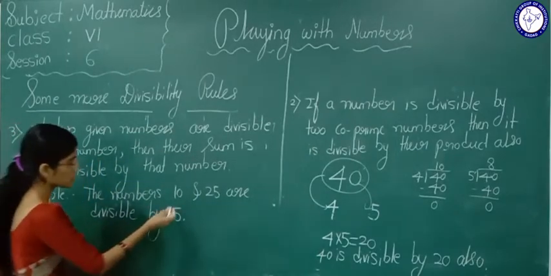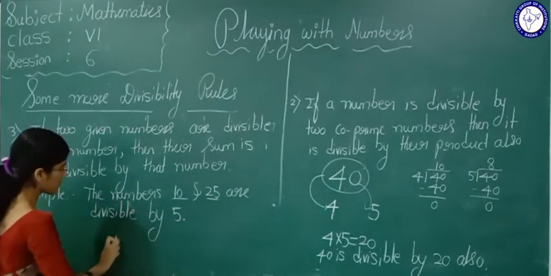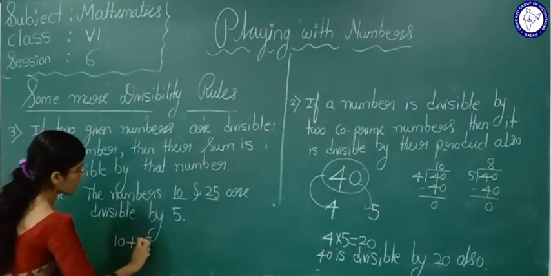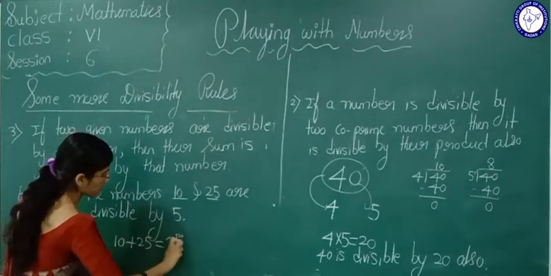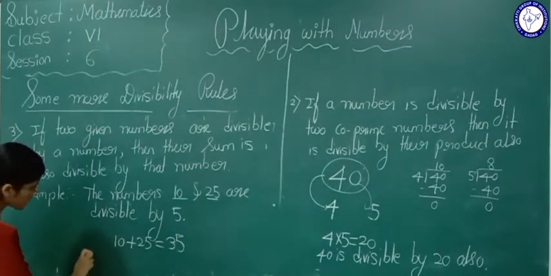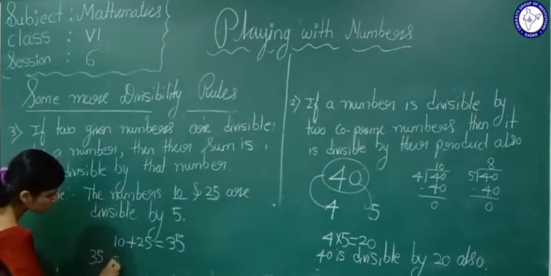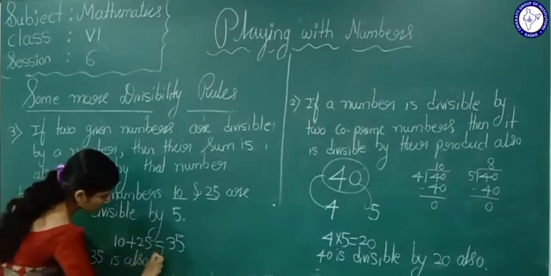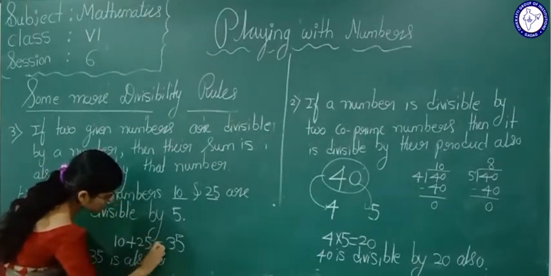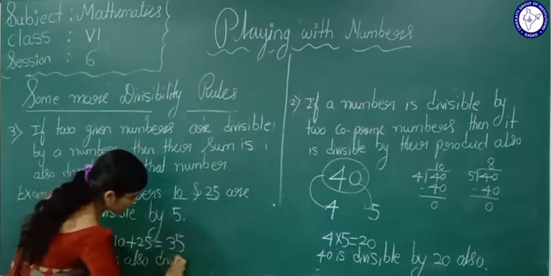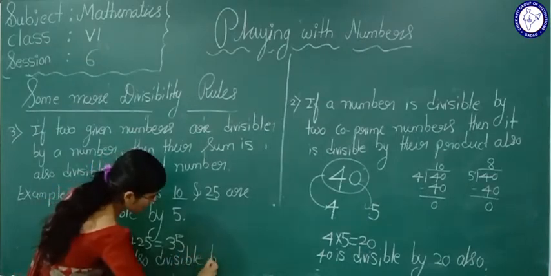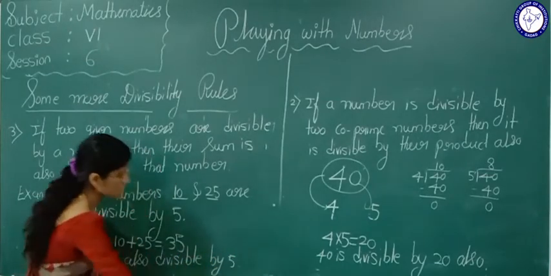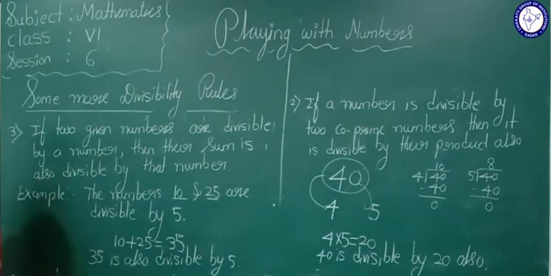Now do the addition of this. What is 10 plus 25? 10 plus 25 is 35. See here, 35 is also divisible by 5. Okay, this is the rule number 3.